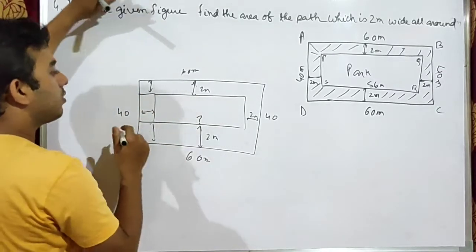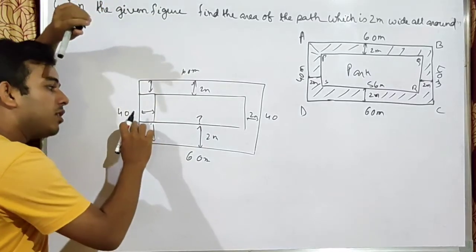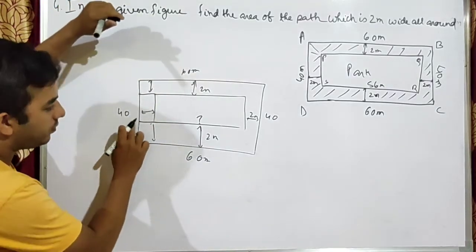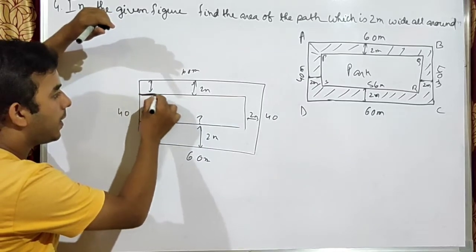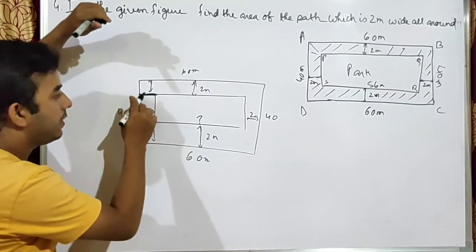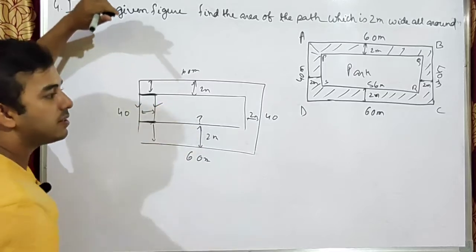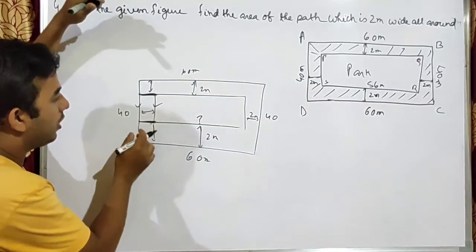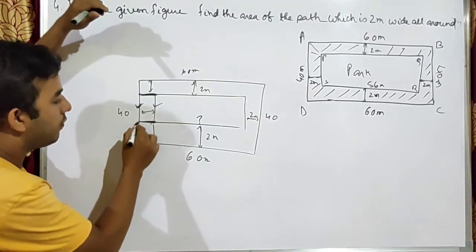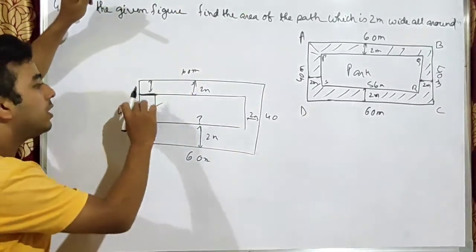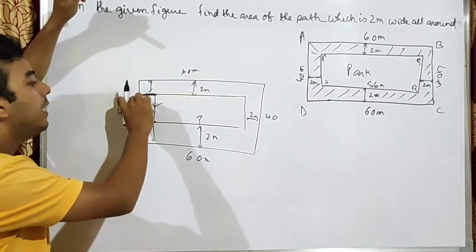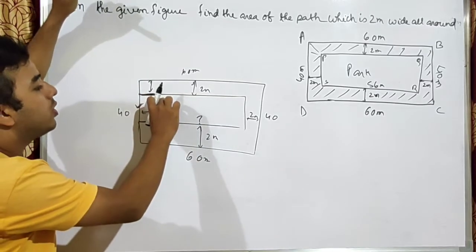Look, from this side if I cut 2 meter, this length and this length are the same, right? So how to find this length? If from this side I cut 2 meter, and from this side also I cut 2 meter, the remaining length is this part, right? So this part is equal to this part.